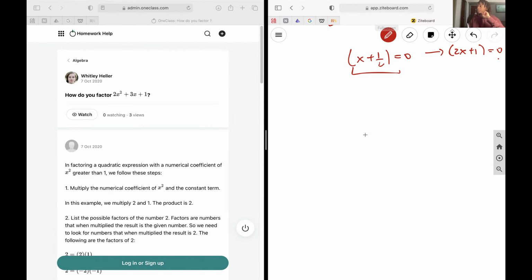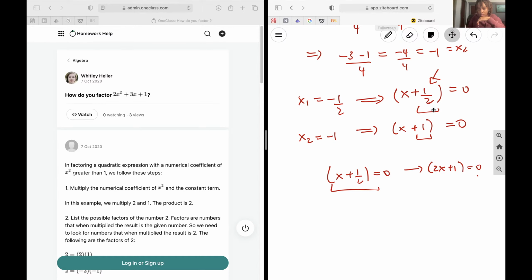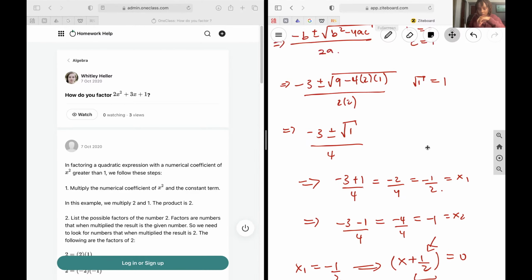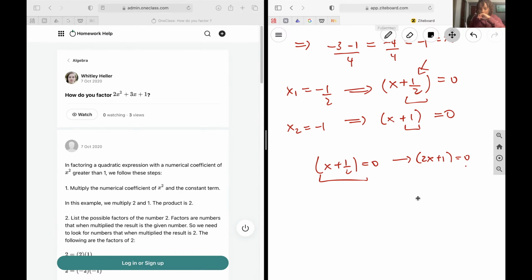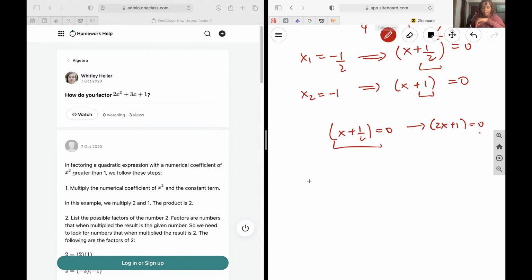Okay, and so for this third method, it's derived off of the quadratic formula. And what we're going to do is make use of, so if you recall, when I multiplied these out, I got 2x squared plus 2x plus x plus 1.